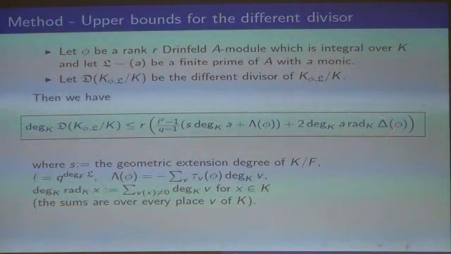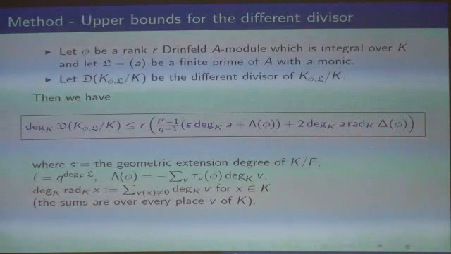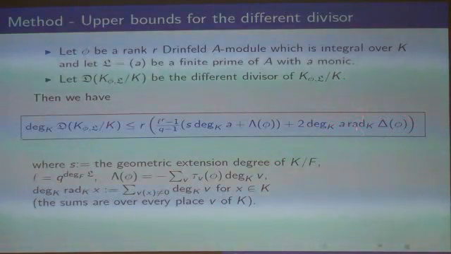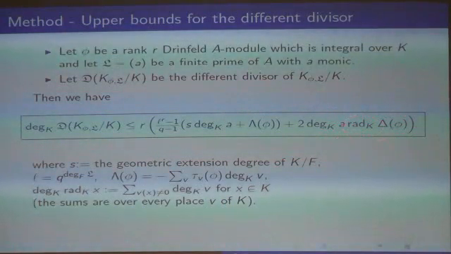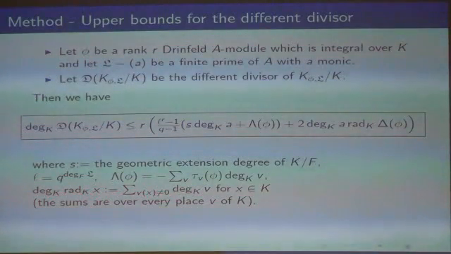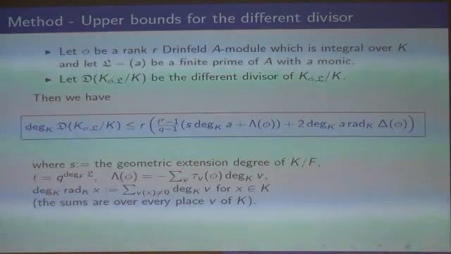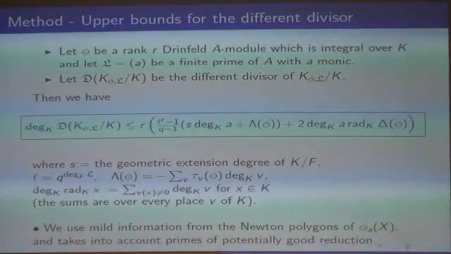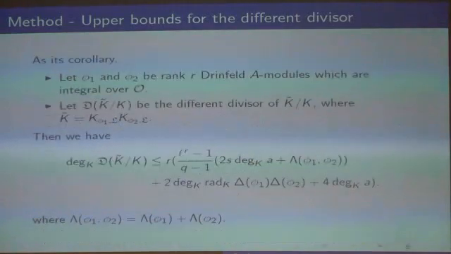But this is the part we have to address: you may wonder what the degree of this part is. The degree of the radical of kx means you take all the nonzero valuations and take the summation of the degrees. That's the definition of the radical part. Then for this one, we use the bounding information from the Newton polygon.